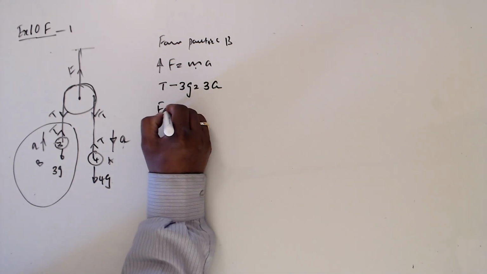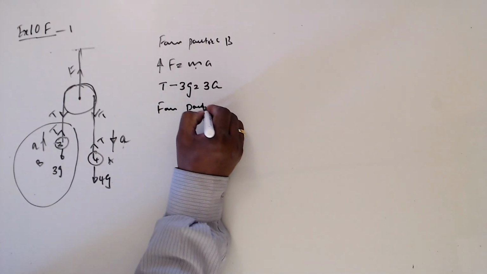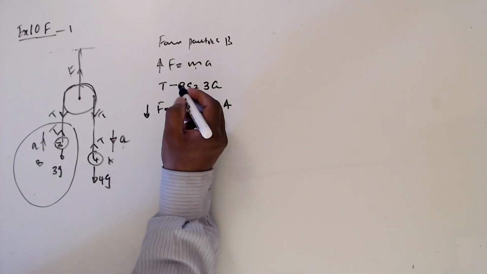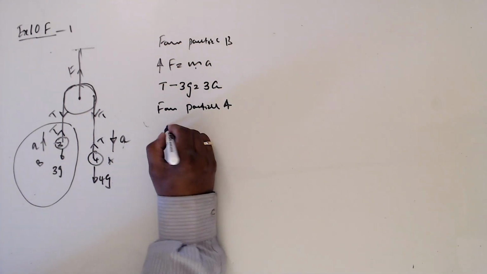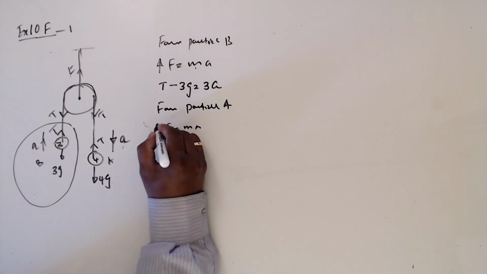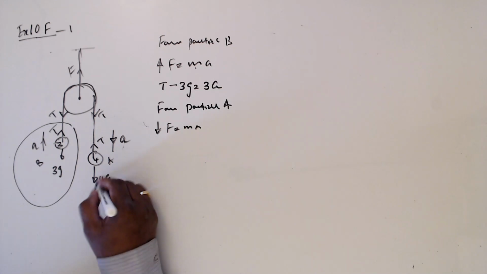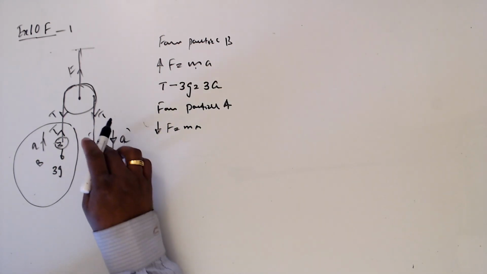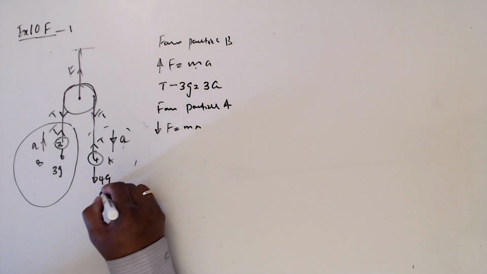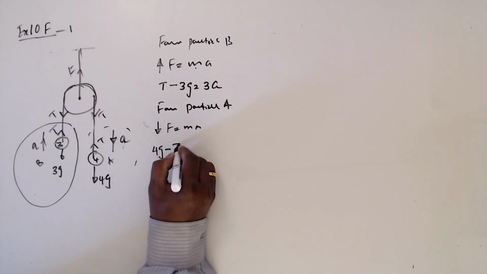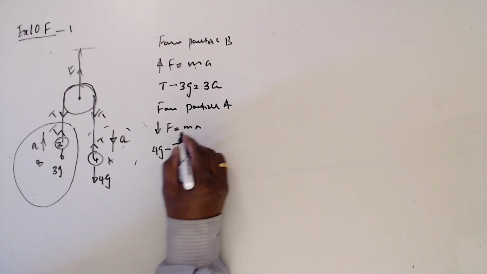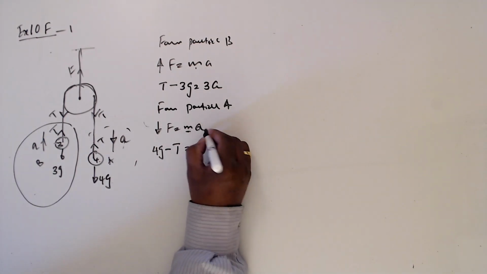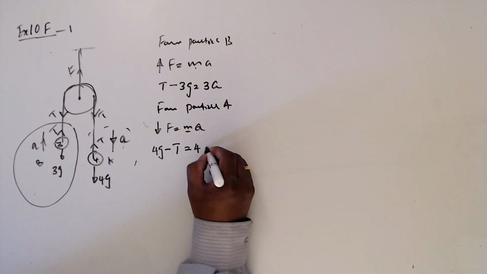Then for particle A, F equals ma downward. There are two forces for this one, T and 4g. So 4g is positive and T is negative, and the mass is 4 and acceleration is a, so 4g minus T equals 4a.